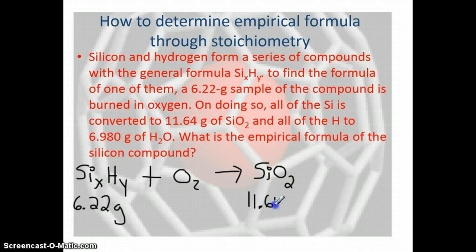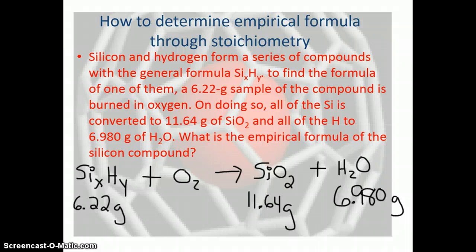That's how much we made. And then it tells us all the H is converted to H2O, and that'd be 6.980 grams. And then it wants us to determine the empirical formula.